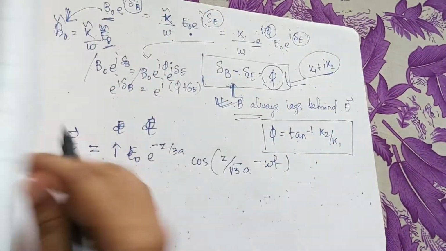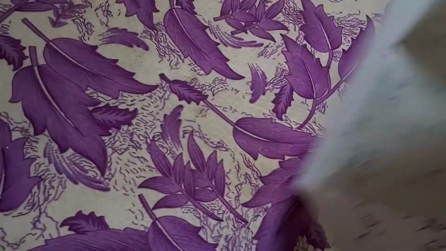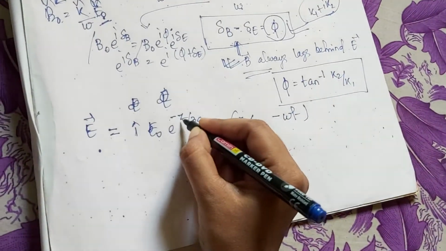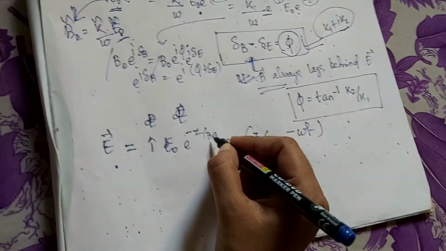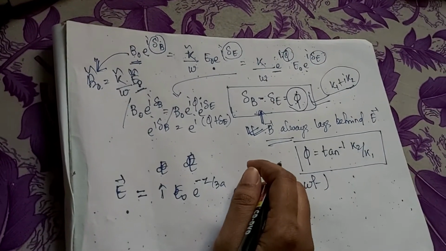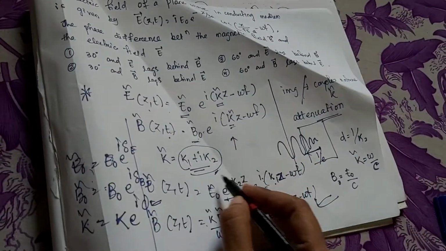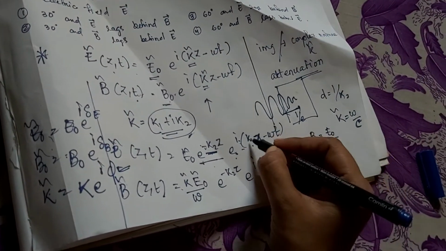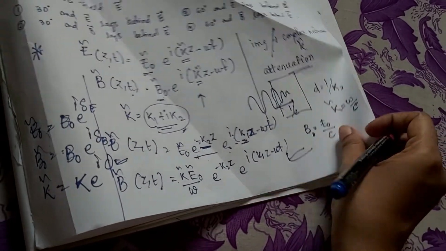Okay, good. So now I can write here, see, this is my K2 part. If I compare this with my equation here, my K2 is 1 by 3a and K1 is 1 by root 3a.